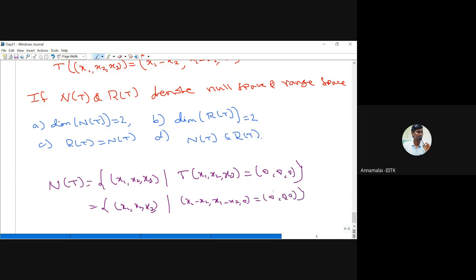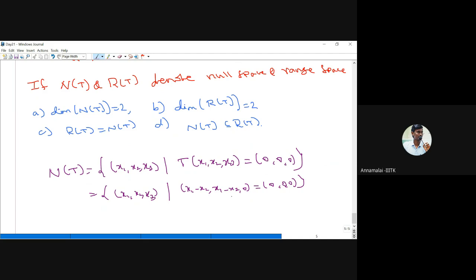Now if these three tuples are equal, then corresponding coordinates are equal. Therefore, x1 minus x2 equals 0, so we get x1 equal to x2. We get only one equation. There are three unknowns, x1, x2, x3, so we have a relation between x1 and x2.